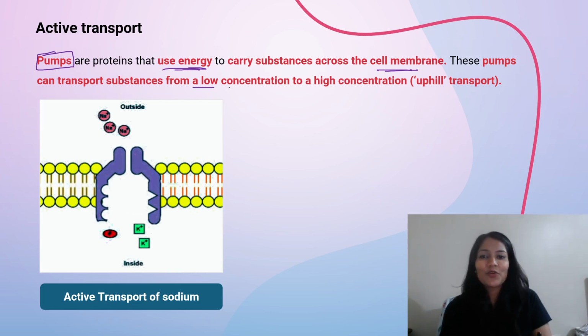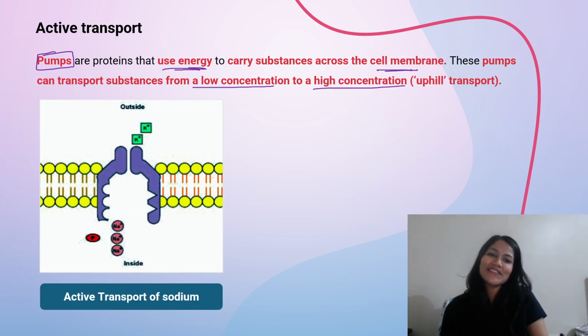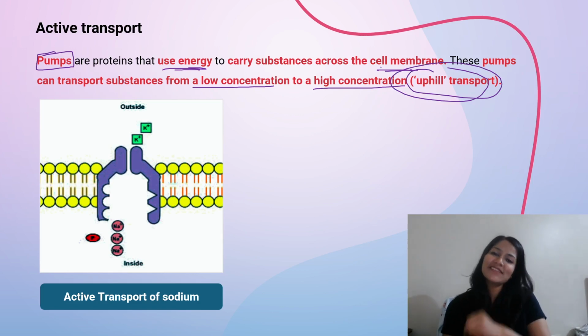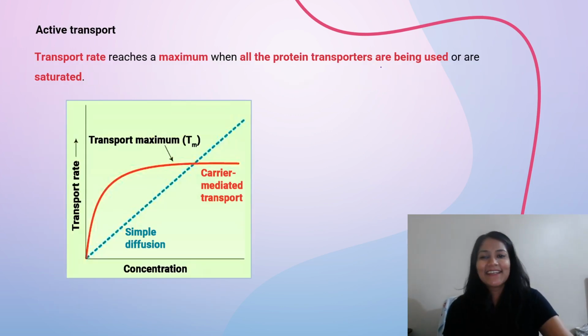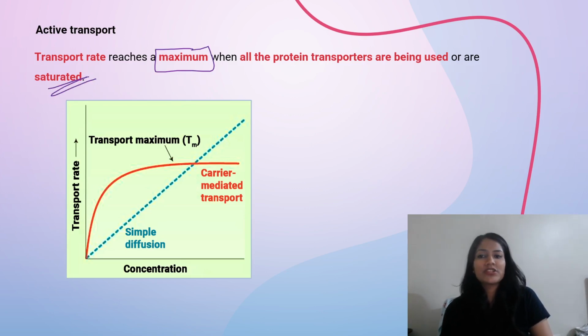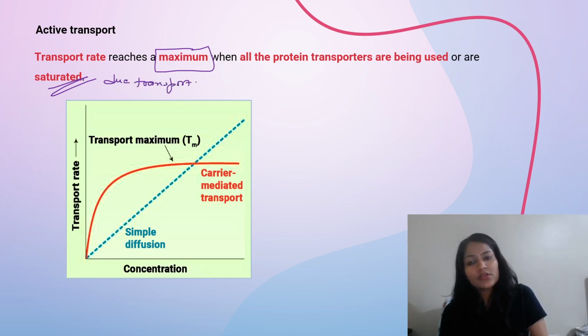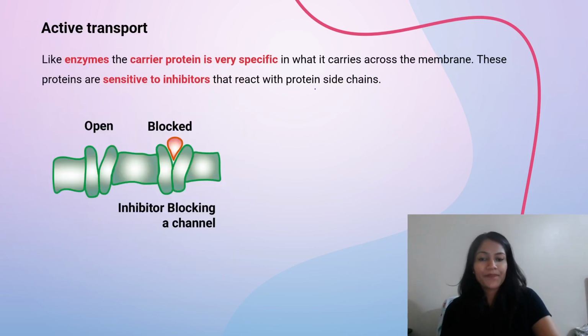Yes, from lower concentration to higher concentration, also known as uphill transport. Again, it can reach a maximum value, which is saturation. It can reach saturation, and saturation is going to come due to the transport or carrier proteins.